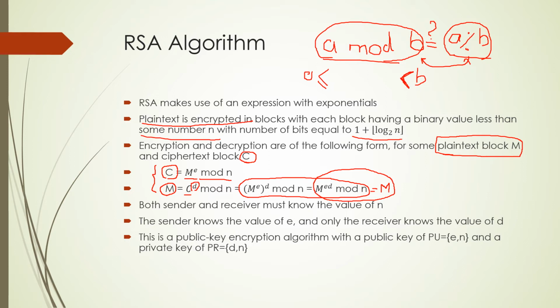They require a lot of number theory theorems that you can check out online if you're interested, but it's not going to be beneficial for this course. Just to summarize, the public key here is e, n, and the private key is d, n. I'll tell you what e and d are and how they get calculated in the next slides.